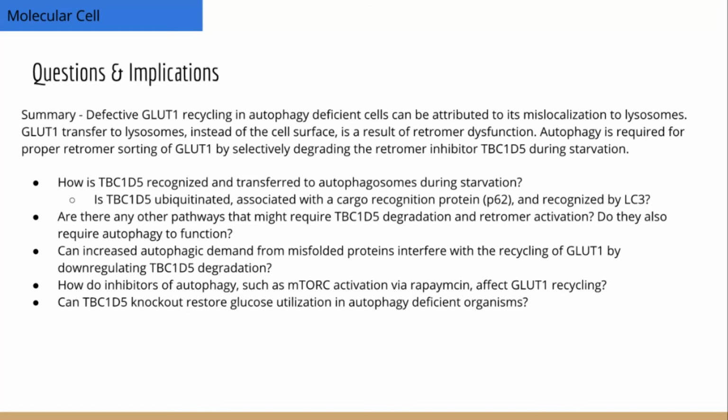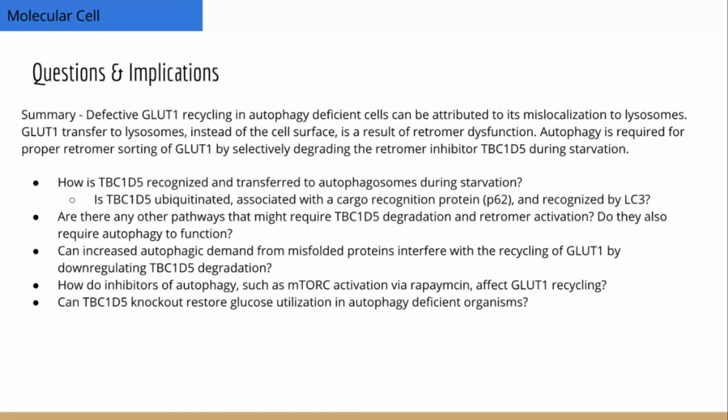So let's summarize what we learned in this paper. We learned that defective GLUT1 recycling observed in autophagy deficient cells can be attributed to its mislocalization to the lysosomes instead of its recycling to the membrane. This mislocalization defect is likely a result of retromer dysfunction, because when the retromer is knocked down in normal, healthy, autophagy competent cells, it also causes GLUT1 relocalization to the lysosome.